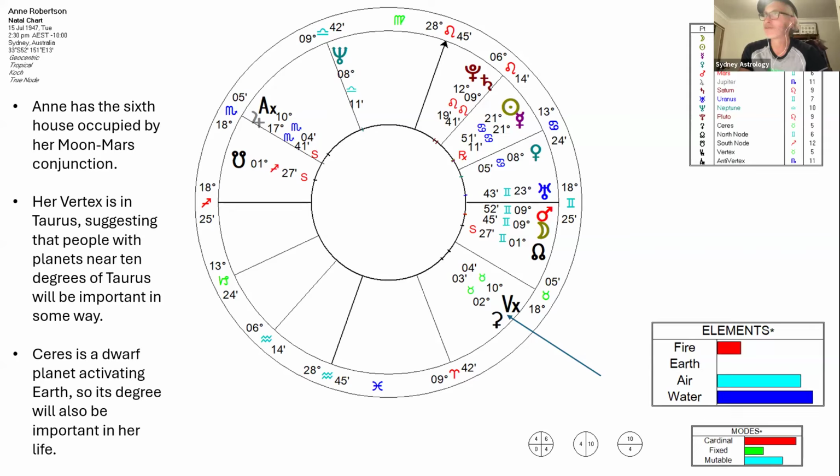All right. So you've got here that vertex axis, which is at 10 of Taurus, and this is a terribly important placement. So you'll find people with planets around that, it doesn't have to be the exact degree, but around those degrees will have some quite profound effects on you at some time in your life. It's not all the time. Absolutely. And then Ceres, the dwarf planet, is activating Earth by itself, and it's near the vertex.